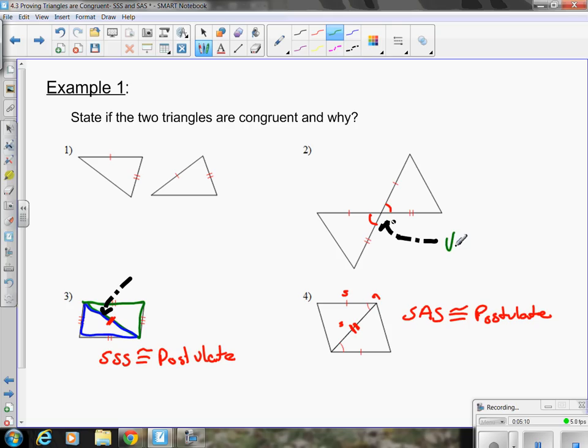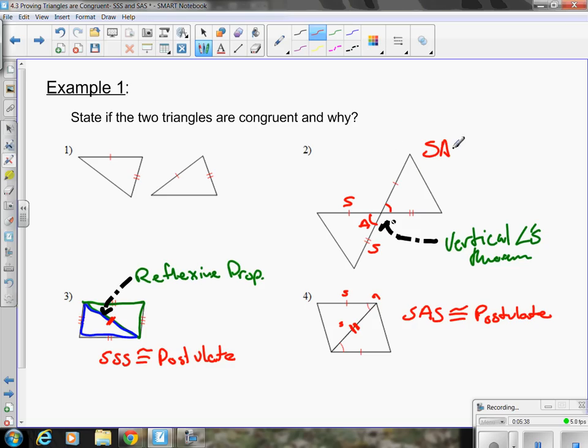So this is vertical angles theorem. That angle is congruent to this one, and this is the reflexive property. Alright, so now I have a side, an angle, and a side. This angle is once again between the two sides, so these triangles are congruent by side, angle, side congruence postulate.